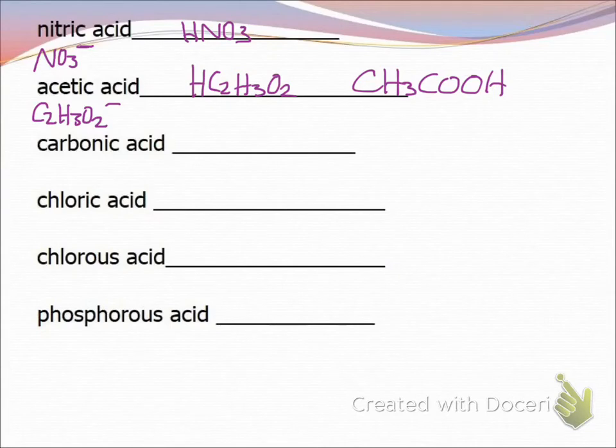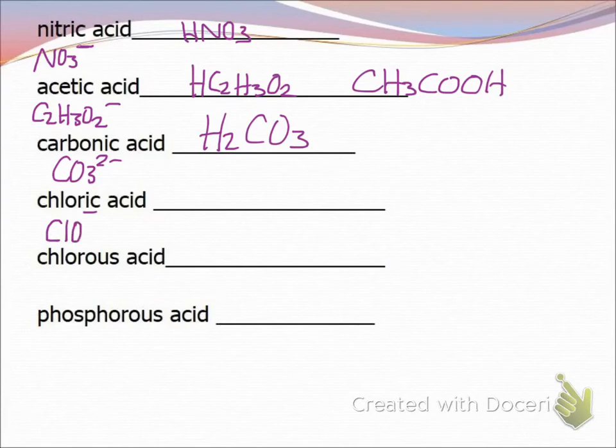How about carbonic acid? Carbonic. Ic came from carbonate, so 2 minus. So how many hydrogen? 2. All right. How about chloric acid? No, it's not hydrochloric.